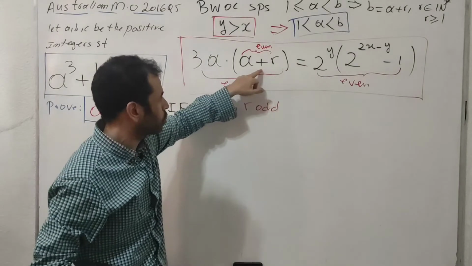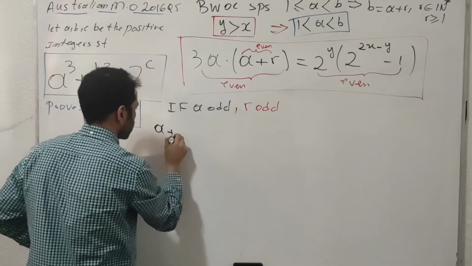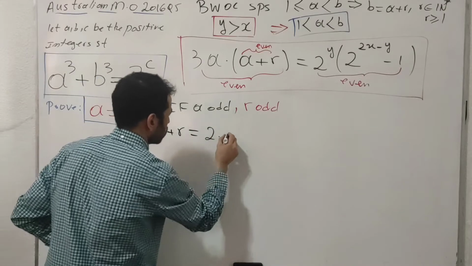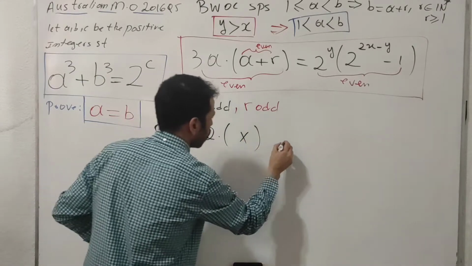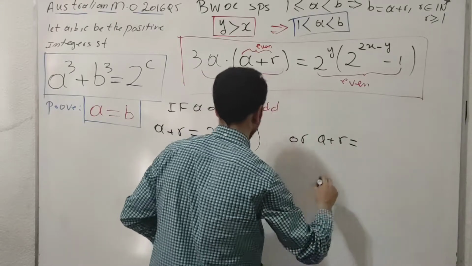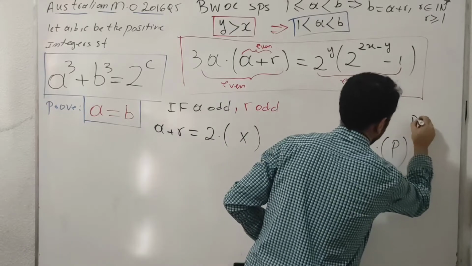I'm going to work on this term, the even number. Okay. You can take two forms. A plus R as an even number will be written as 2 multiplied by x, or A plus R will be written in this form, 2 multiplied by P, where P is an odd prime.